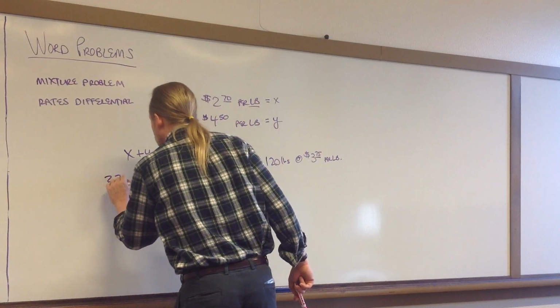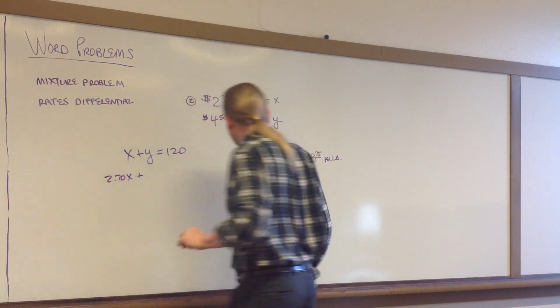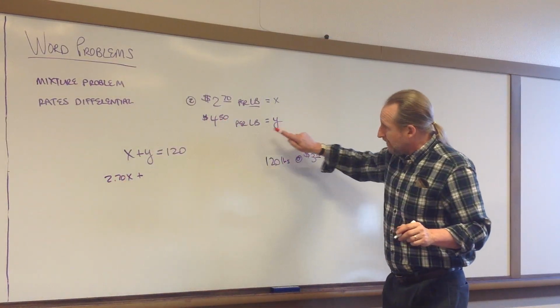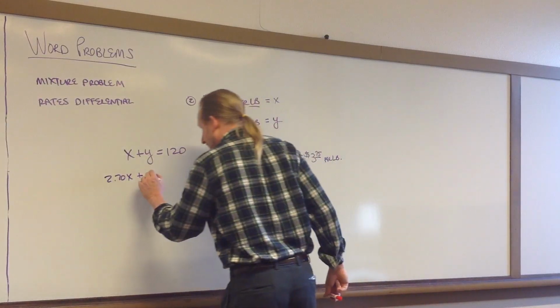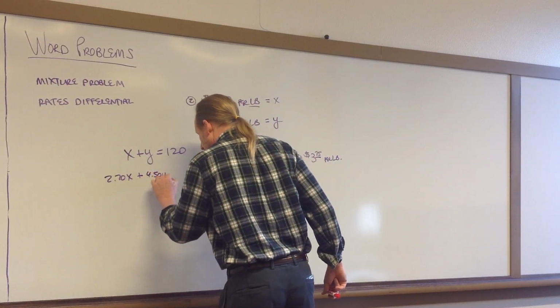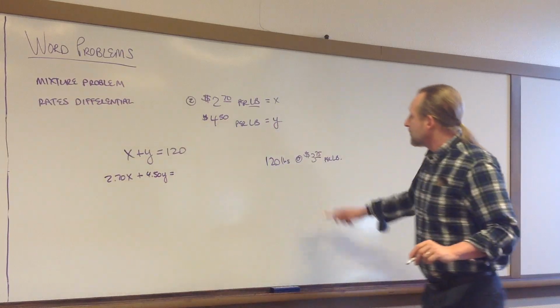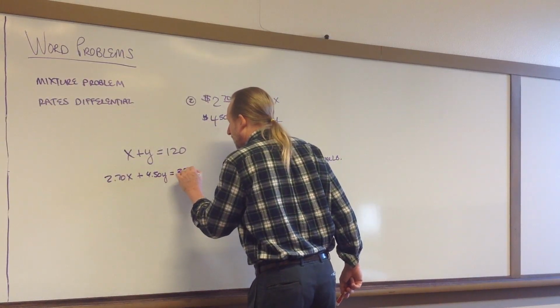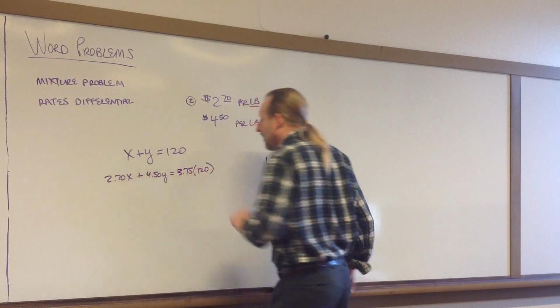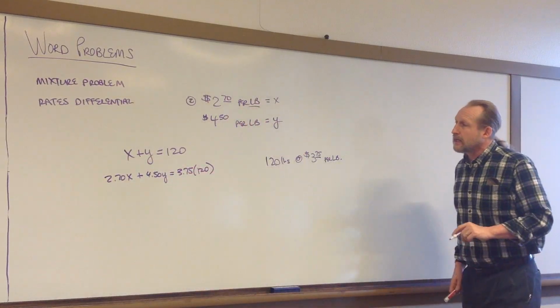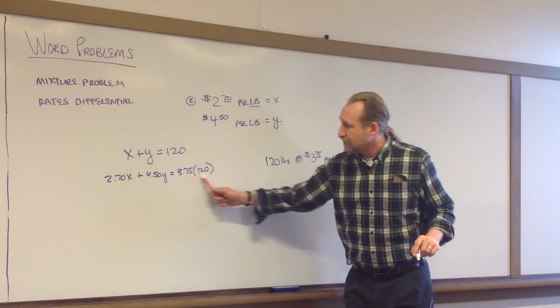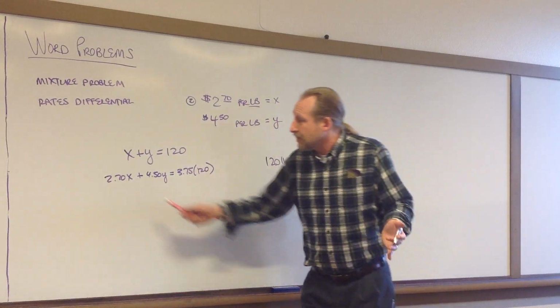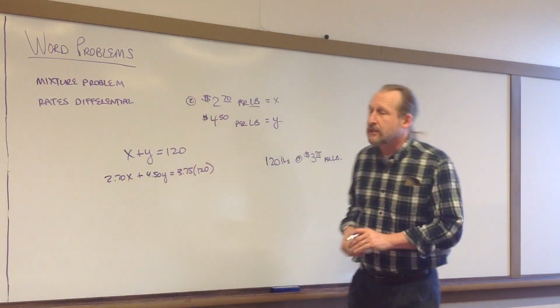So we'll have 2.70 times x, and then take the number of pounds here times the cost per pound, that'll be 4.50y, and that should add up to $3.75 per pound times 120 pounds. Okay, so that's the total cost for this mixture of cookies. It's going to come from the cost of these plus the cost of these.